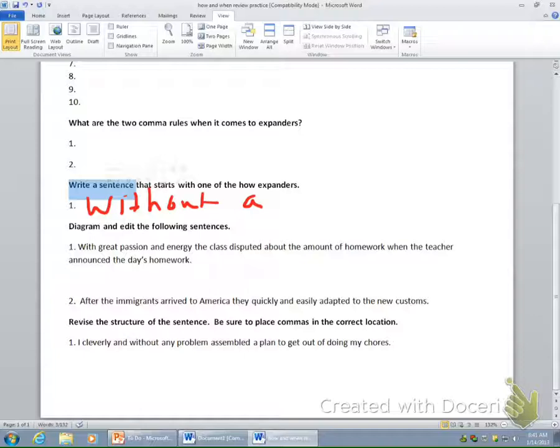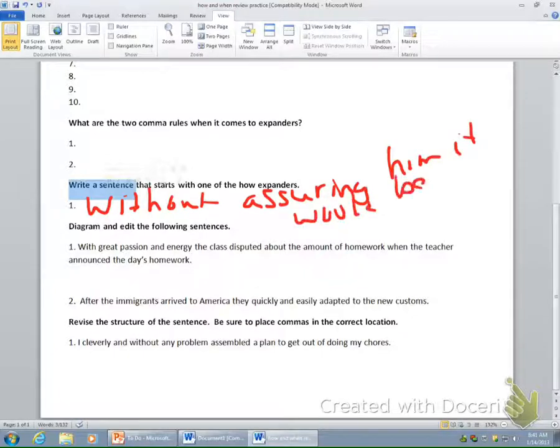That doesn't make sense, though. Okay, so without assuring him it would be okay, comma, my friend scaled the mountain. So my friend was terrified. But why would you say he was terrified without assuring him? Yeah, this doesn't make sense.